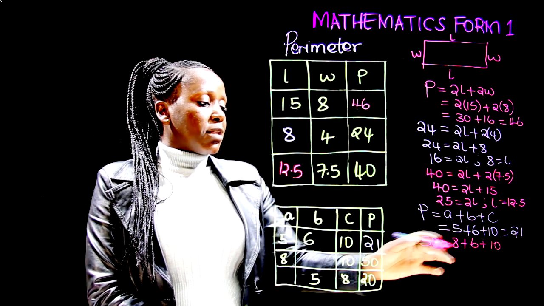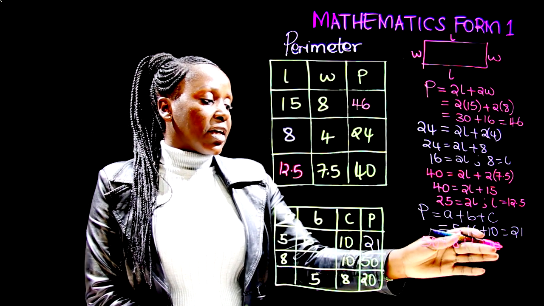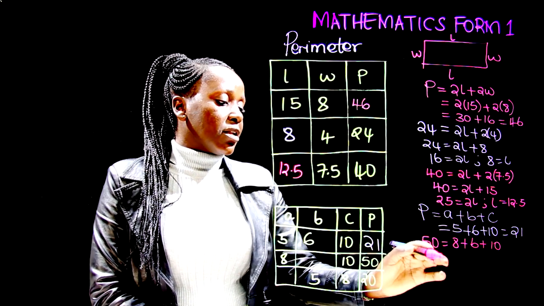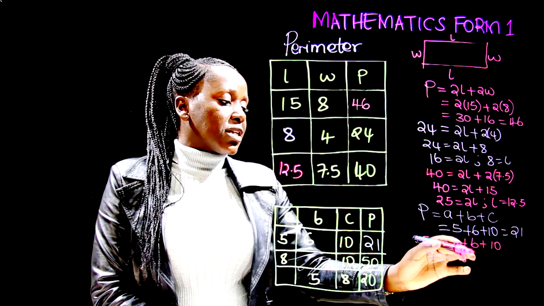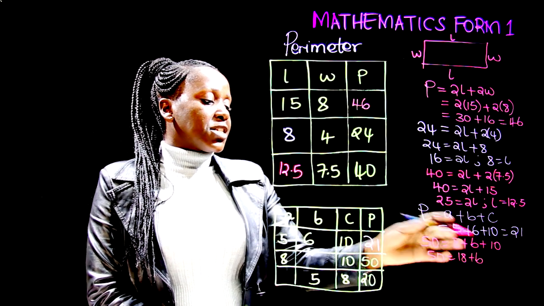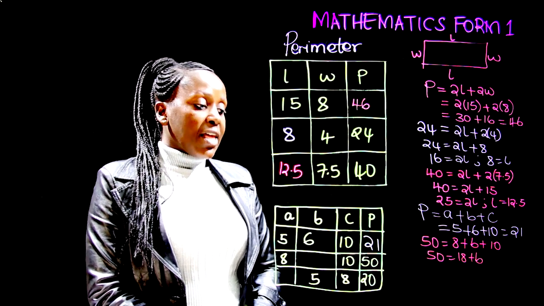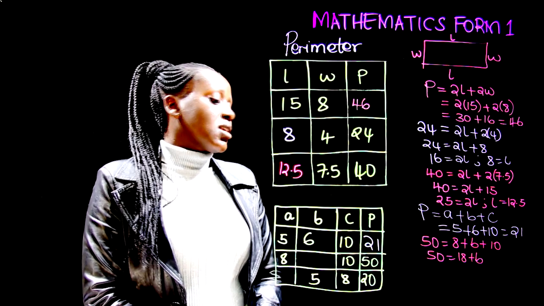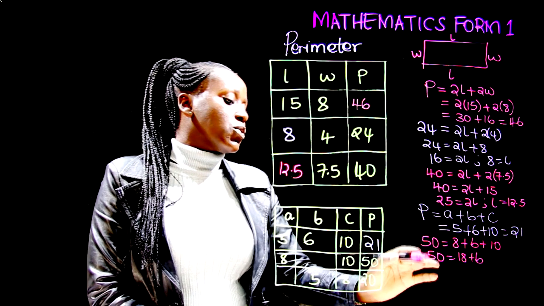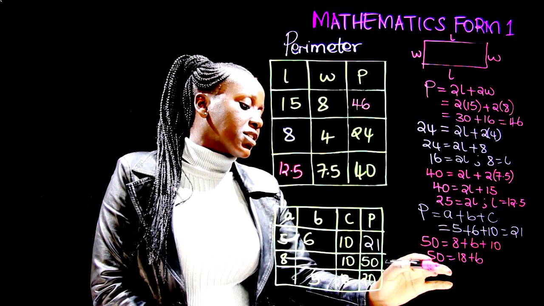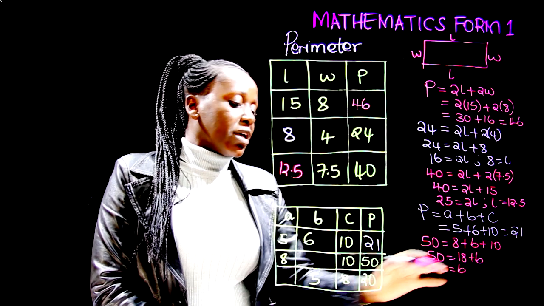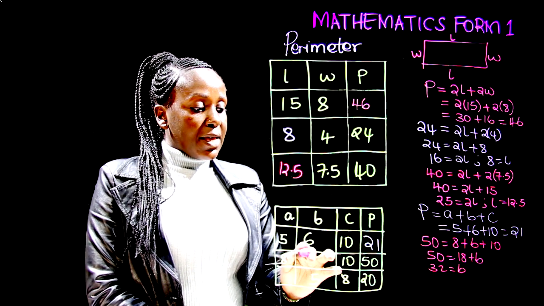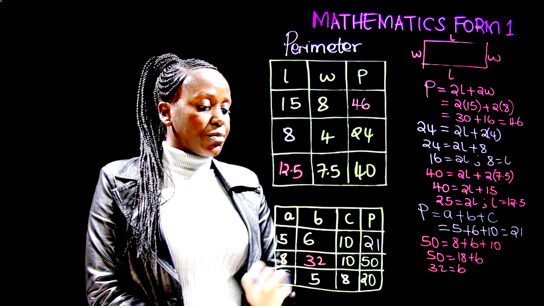So for us to obtain B, we need to add 8 and 10, which is 18. 50 is equal to 18 plus B. If we take 18 to the other side, then we have to subtract it. 50 minus 18 will be equal to 32, which is equal to B. So our B here is 32.